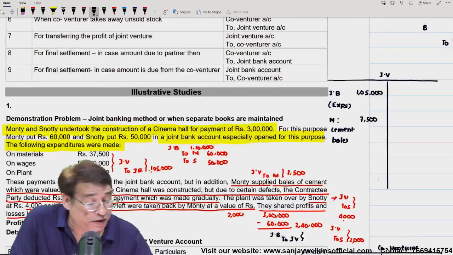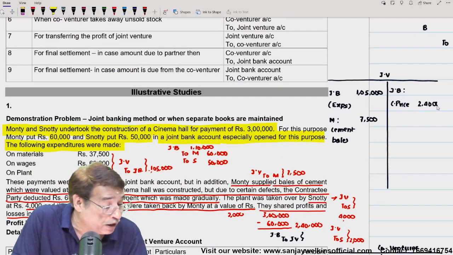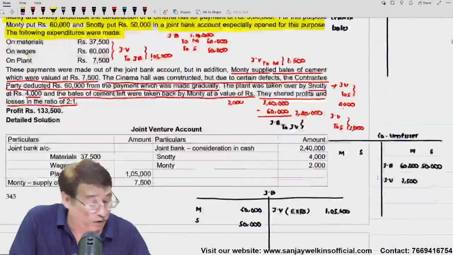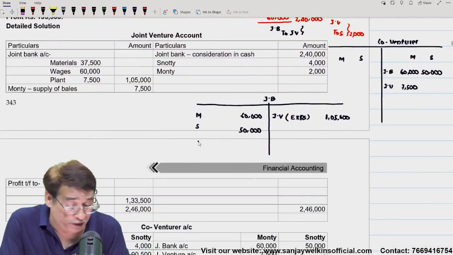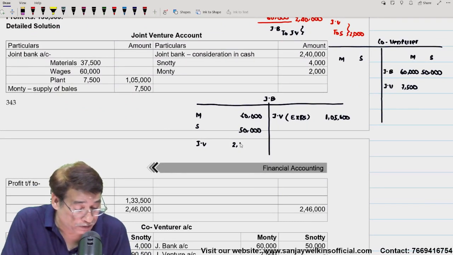So on the credit side of joint venture, we are going to write by joint bank. We can write here contract price. So we are receiving not 3 lakh, we are receiving only 2,40,000. I will write 240. On the debit side of joint bank account, I will write here to joint venture. Contract price 2,40,000.